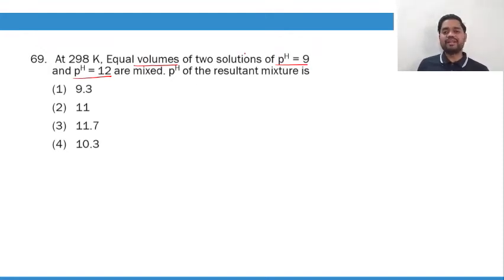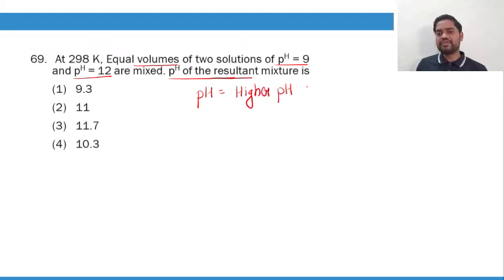So always remember, if equal volume of two alkaline solutions are mixed, then the resultant pH will be equal to the what? Higher pH minus 0.3. So what is the highest pH over here? 12 minus 0.3. That is equal to 11.7 should be the right answer.